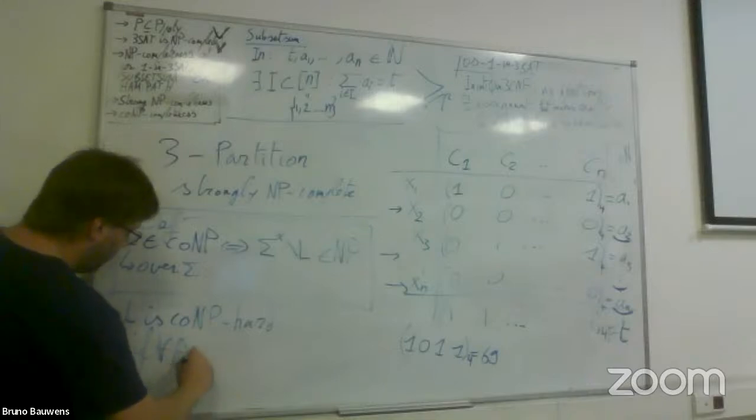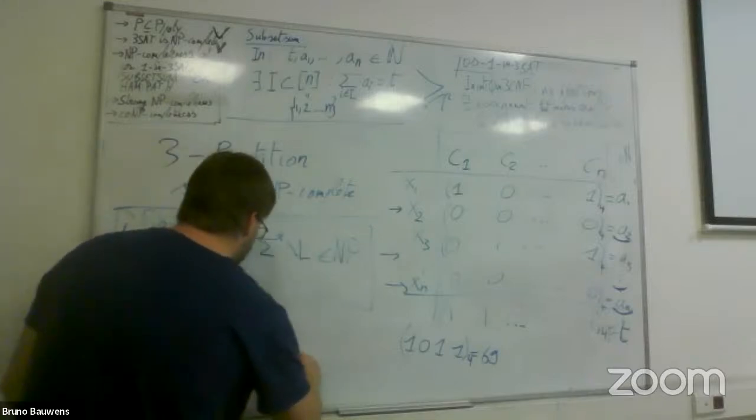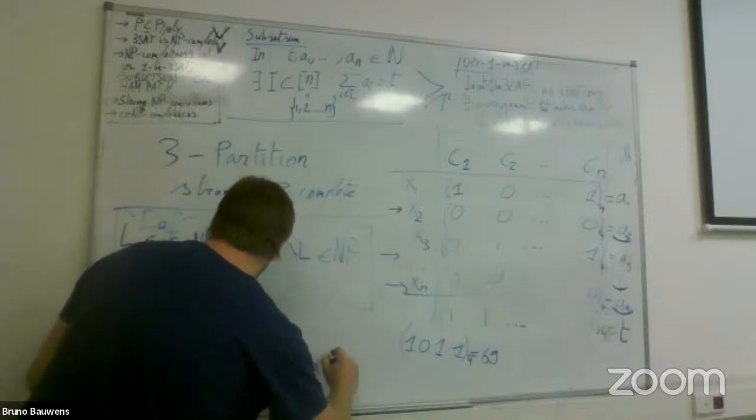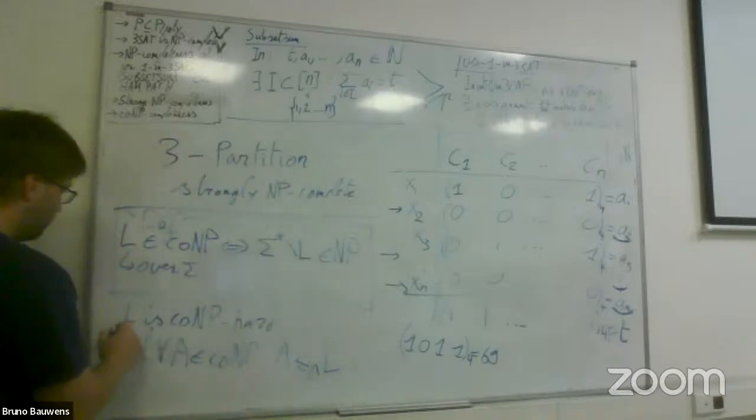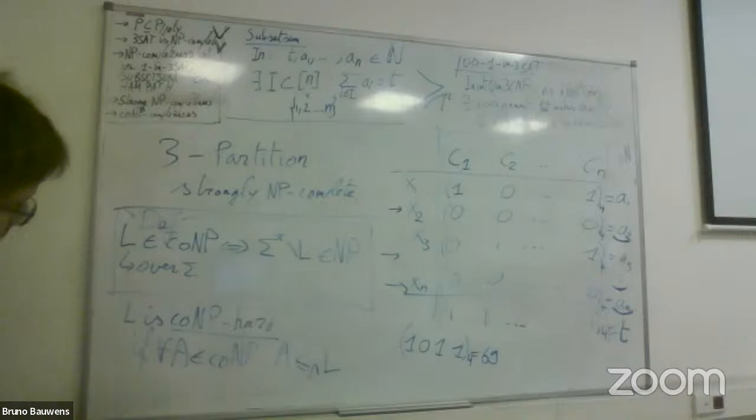If for every A in co-NP, A reduces to L. That's another definition.